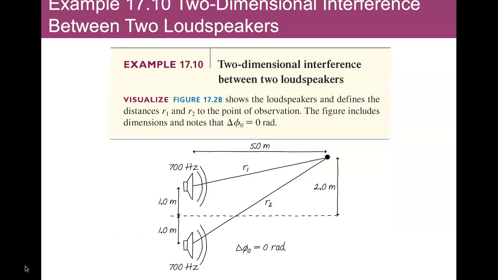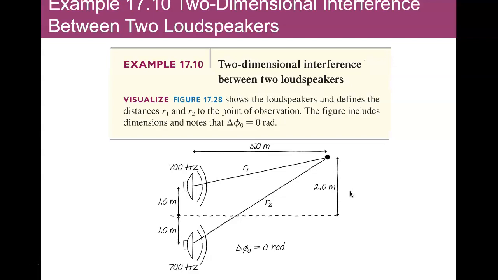All right, so here's the geometry. Here's the figure we would draw from that description. We have two loudspeakers, 700 hertz frequency. They're 2 meters away from each other. And the position of the listener is 5 meters in front of them. If you take the point halfway between the loudspeakers and move 5 meters this way, that's going to be a line 5 meters away from the line of the loudspeakers.